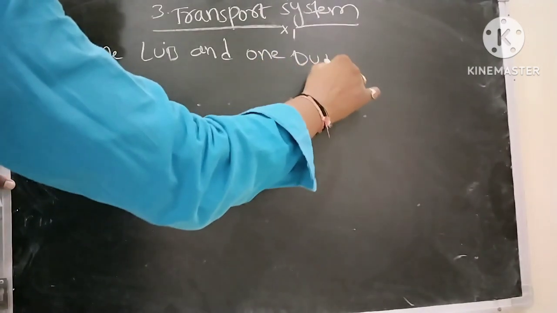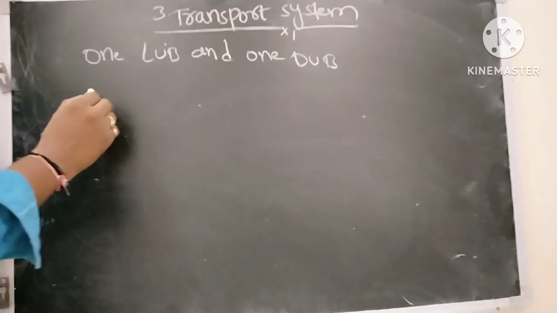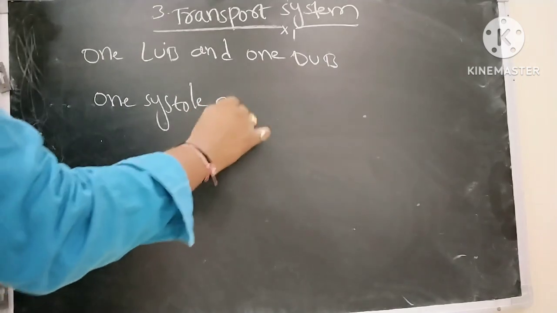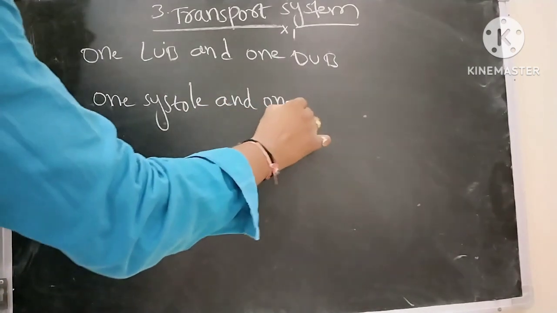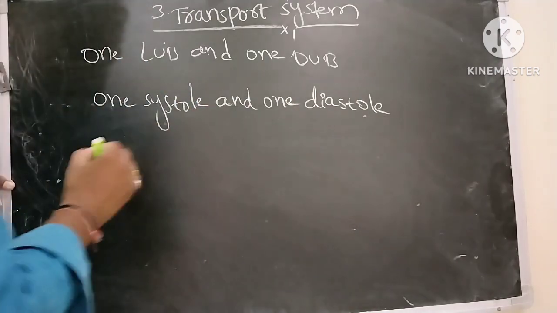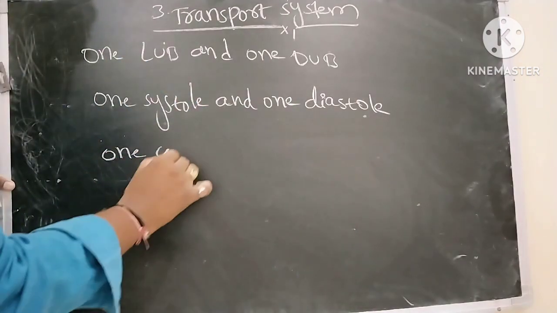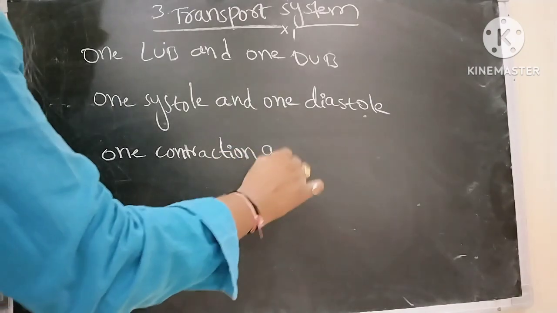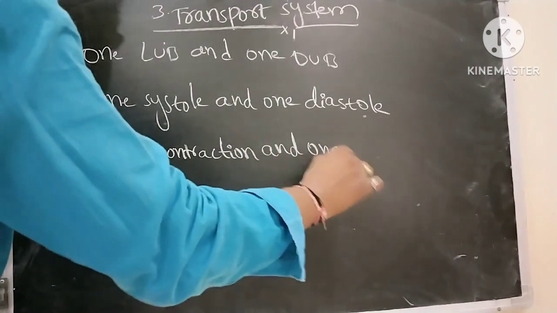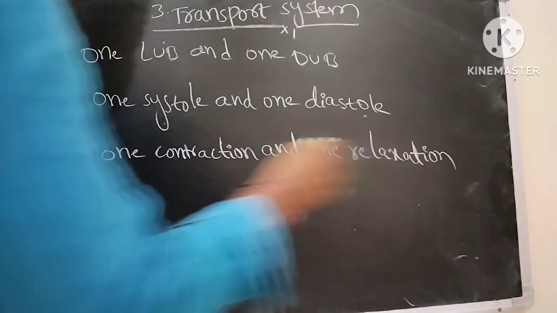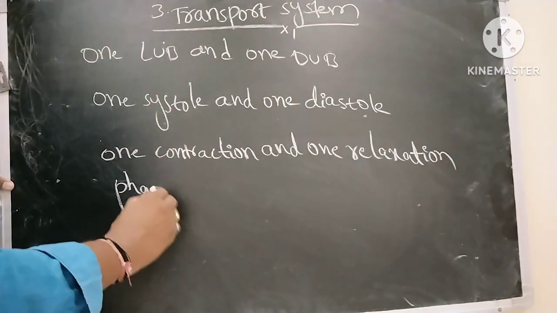One lub and one dub is called a heartbeat, or one systole and one diastole, or one contraction and one relaxation phase of the heart.